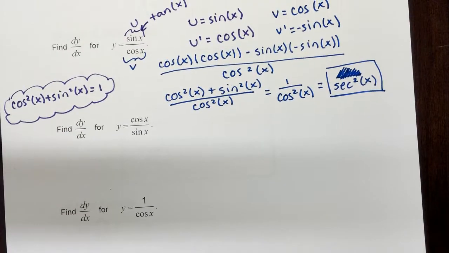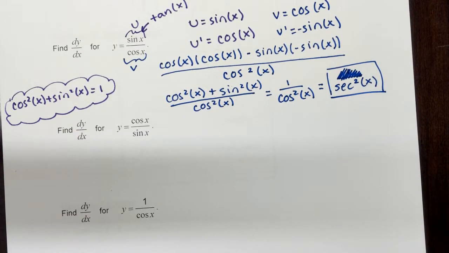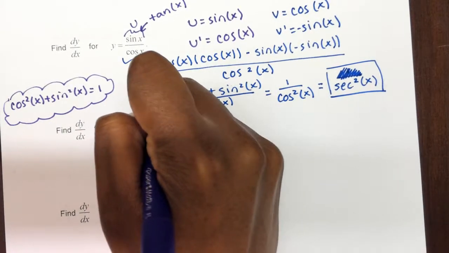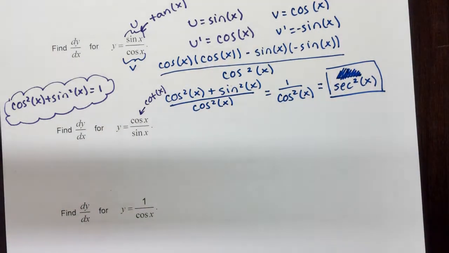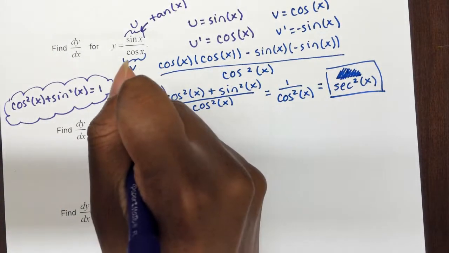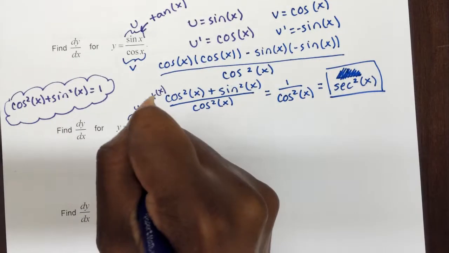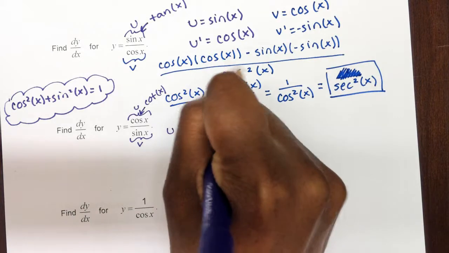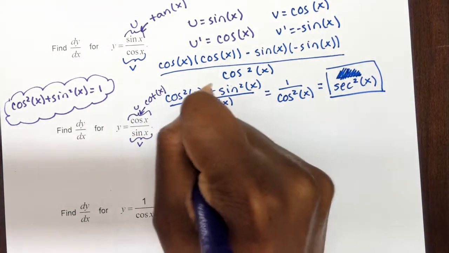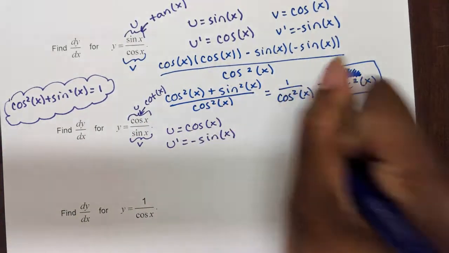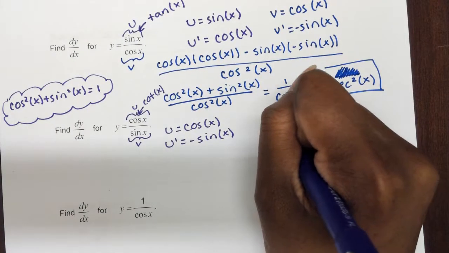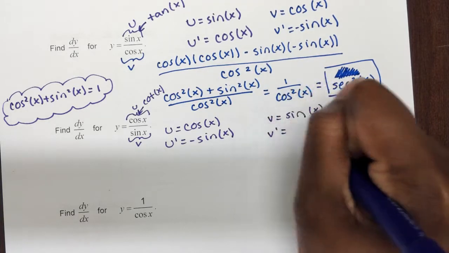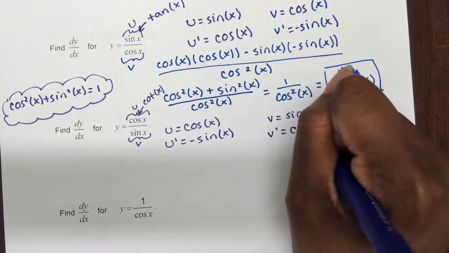For the second one, we have cosine over sine, which we know is another way of writing cotangent. So again, we have u and a v. So our u in this case is cosine. So our u prime is negative sine. And our v is sine. So our v prime is cosine.